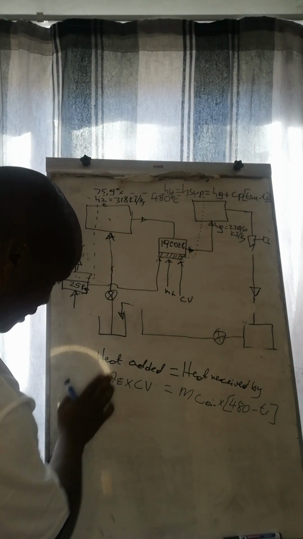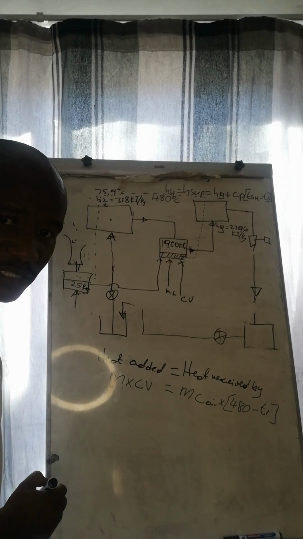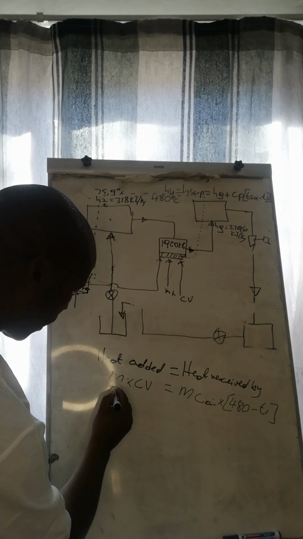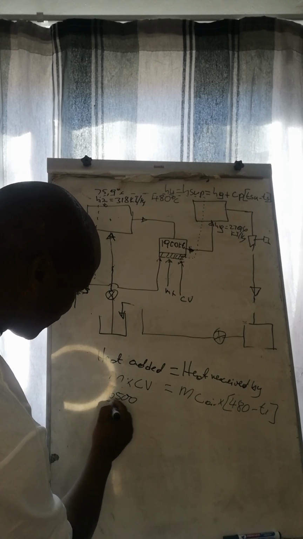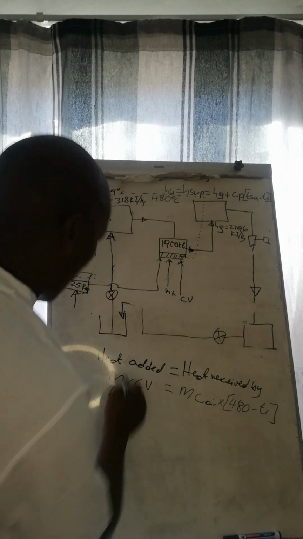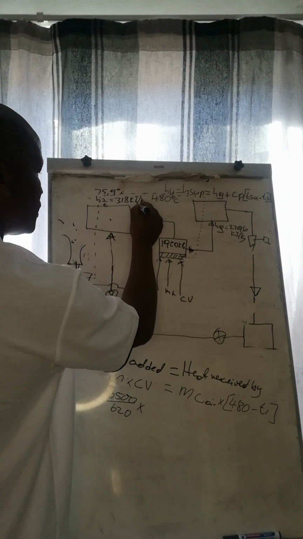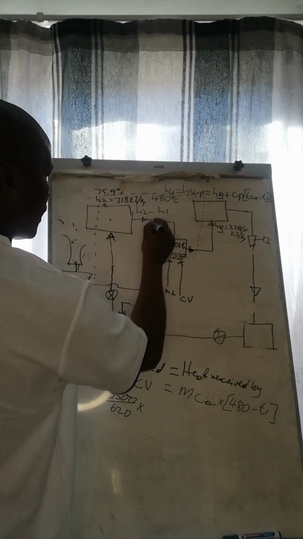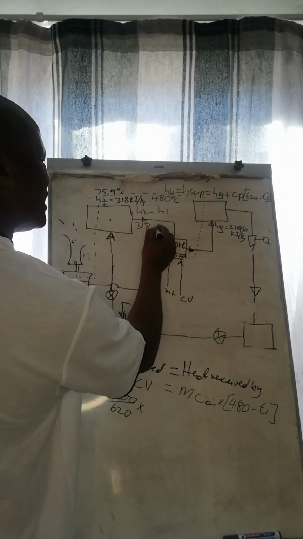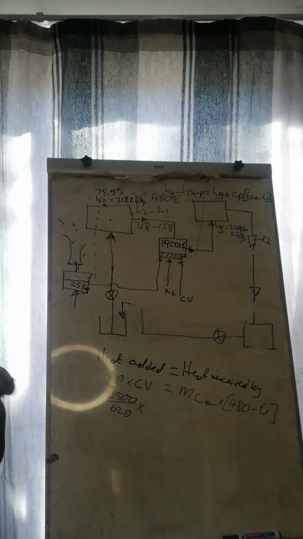And it is equal to what? The actual evaporation, I wrote it there, but they normally call it mass. It is equal to 6,500 over 620, multiplied by the caloric value there, which is H2 minus H1, and I think it's 318 minus 158.